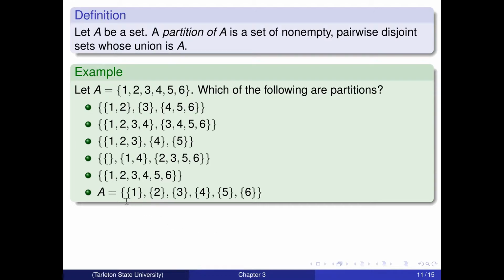We have a collection of sets where every set in here is non-empty, they're pairwise disjoint, and their union is the whole space. So why are we interested in partitions? Well, all of the language that was given in this definition is probably sounding a little bit familiar: non-empty pairwise disjoint sets whose union is A. Let's actually scroll back a bit.